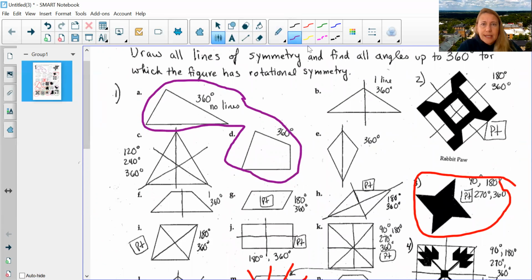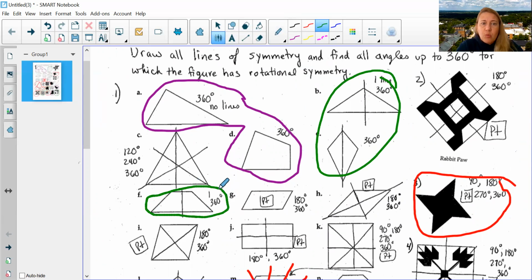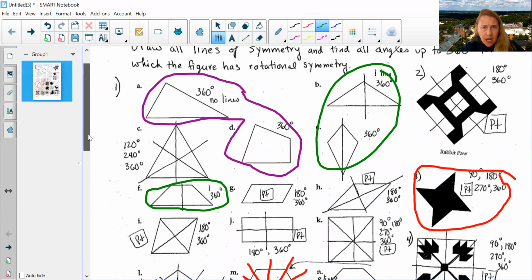Here's a couple with 1 line of symmetry. So those are green. So these 2 right here and these. But the rule was that as soon as we have 2 or more lines of symmetry, we have to have the same number of rotational symmetries.